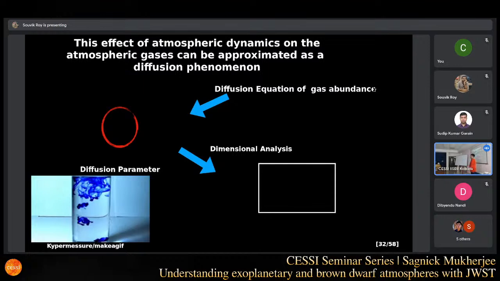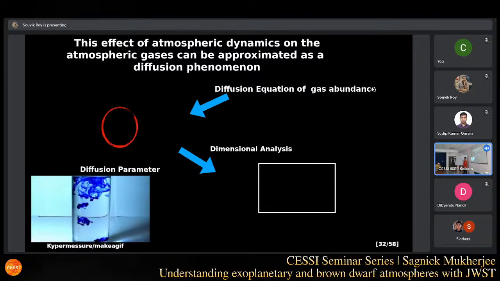It's spreading your gas around. And that will be described by this equation. Let me introduce the variables here. Your chi_i here is the abundance of a certain gas, which is changing due to diffusion. And this K_zz is your famous diffusion parameter, which always comes free with a diffusion equation.